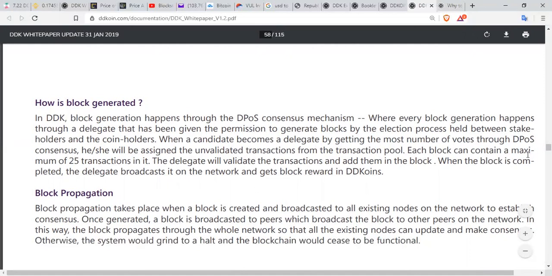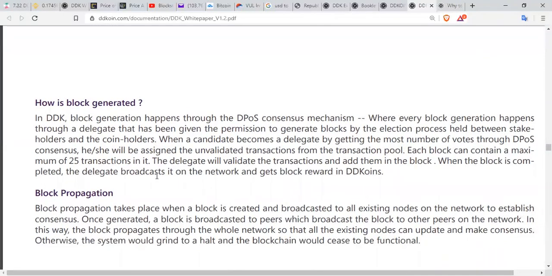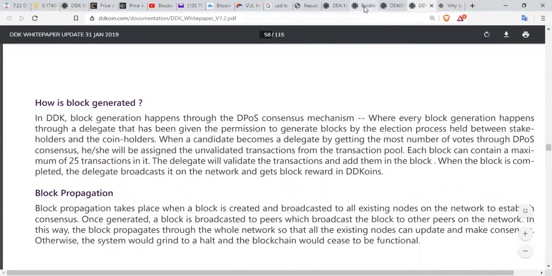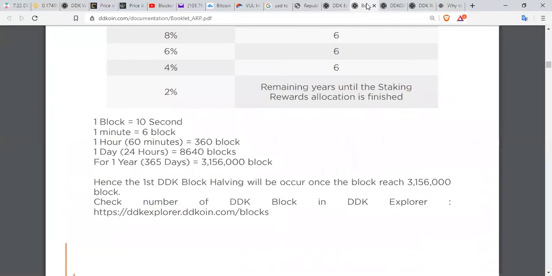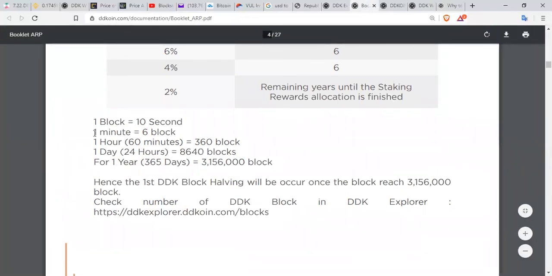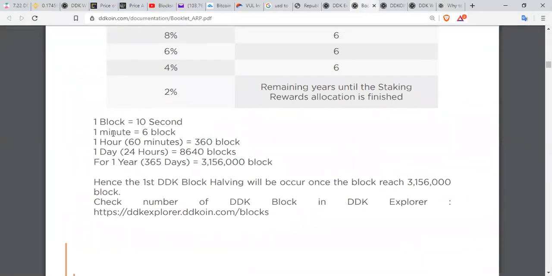Each block can contain a maximum of 25 transactions, meaning yung isang block na na-generate has a maximum of 25 transactions. Tandaan din natin that the current DDK blockchain has the capability to create one block every 10 seconds.